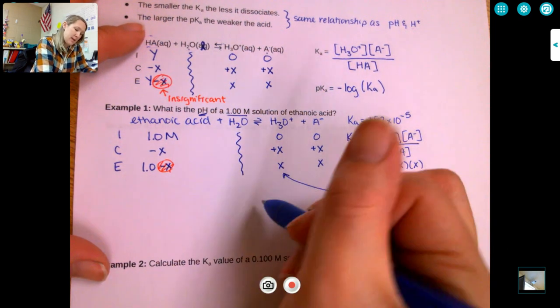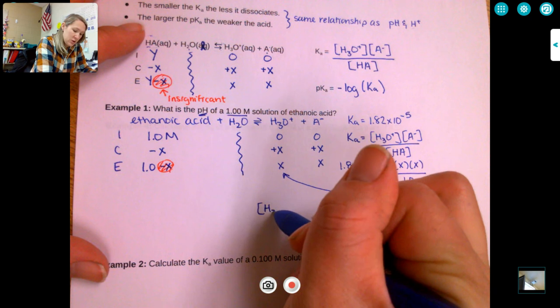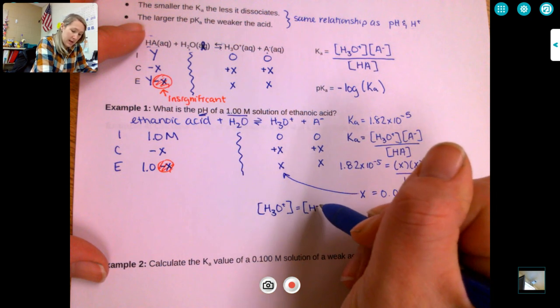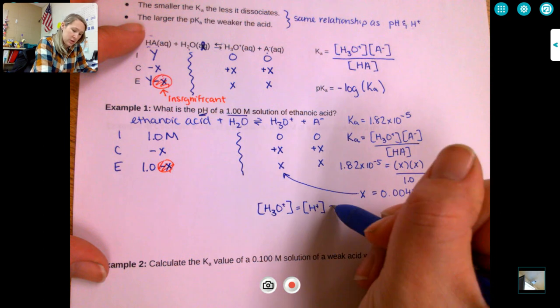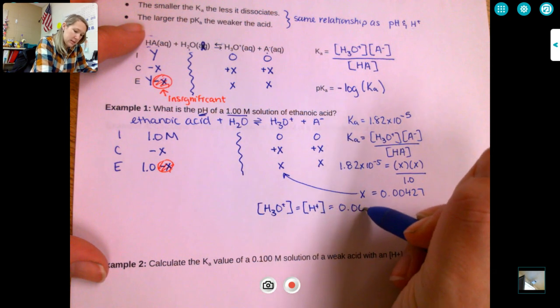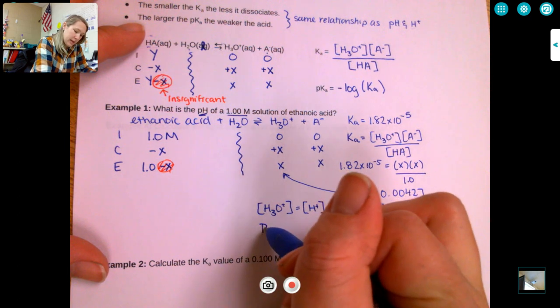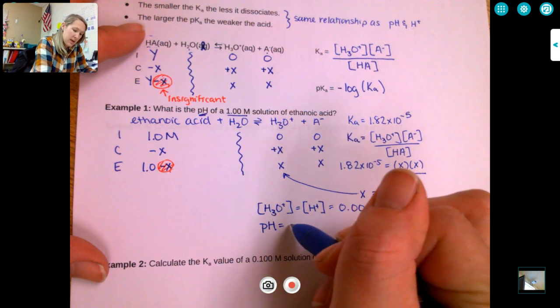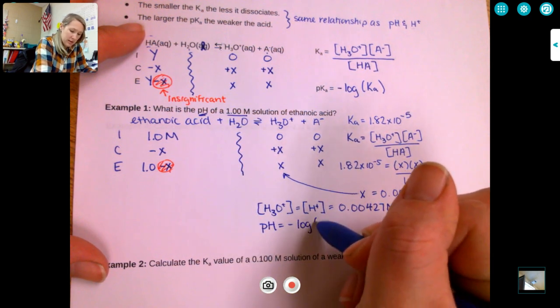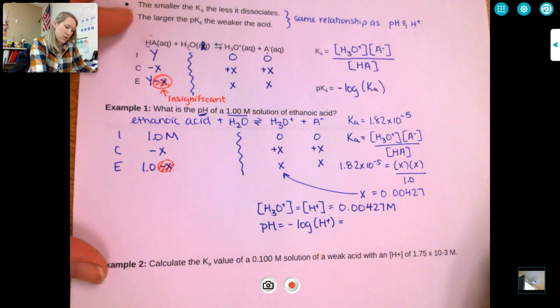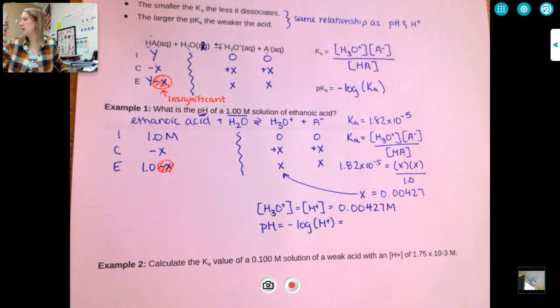So that means that my hydronium ion concentration, which is just the longer way of writing my hydrogen ion concentration, is 0.00427 molar. And we learned in our last video that pH is equal to the negative log of my hydrogen ion concentration.